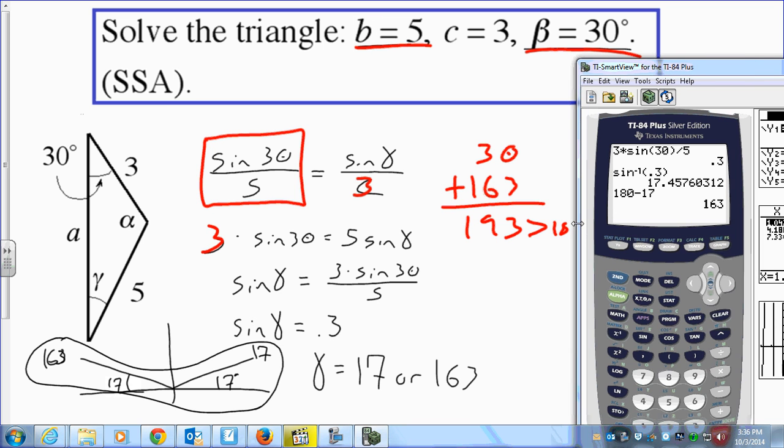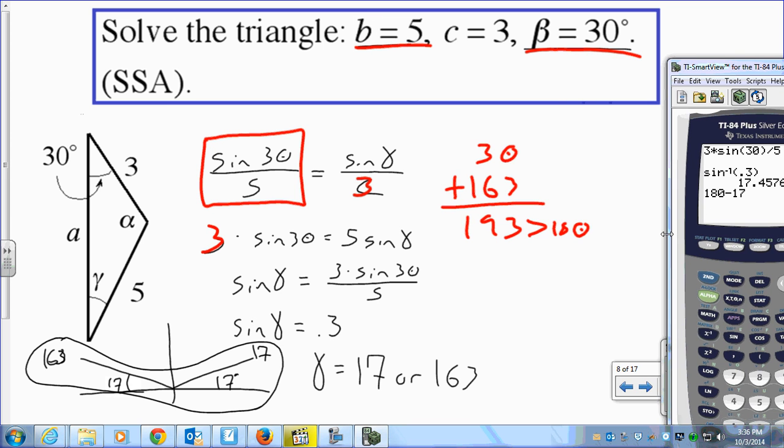That's bigger than 180, which means this can't be a possible triangle, because we don't have any room for a third angle to add up to 180. So this eliminates that option. So here we just have one option of the triangle.